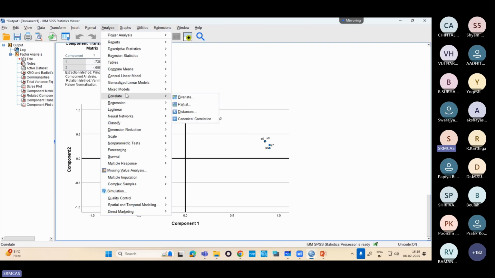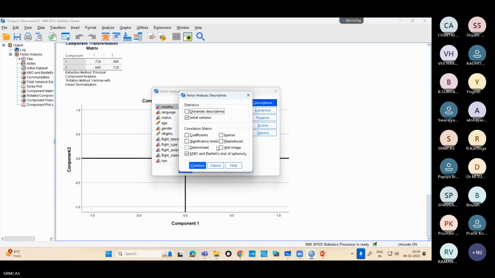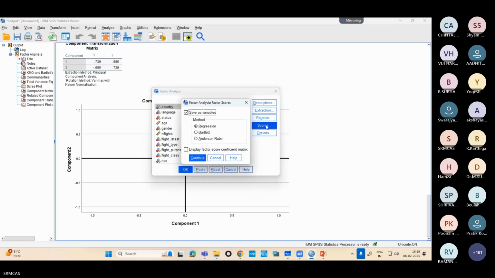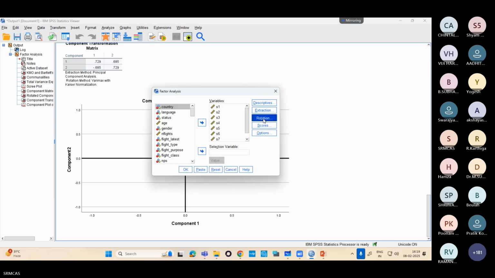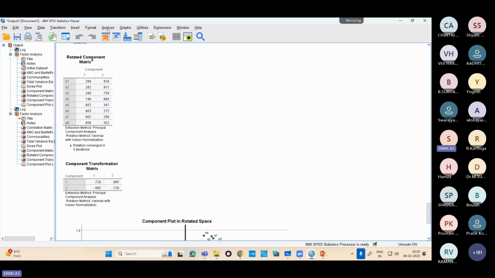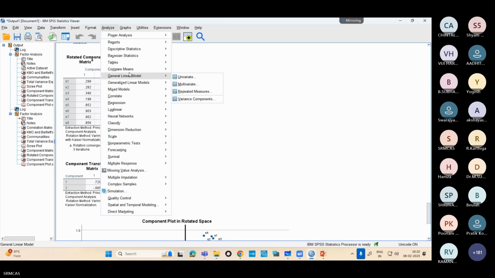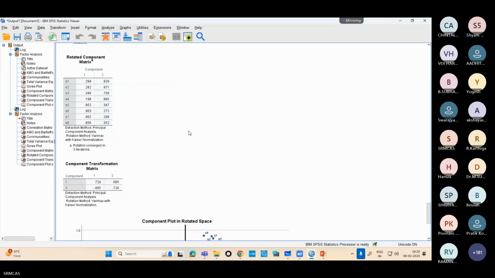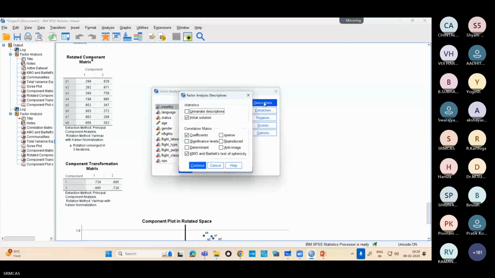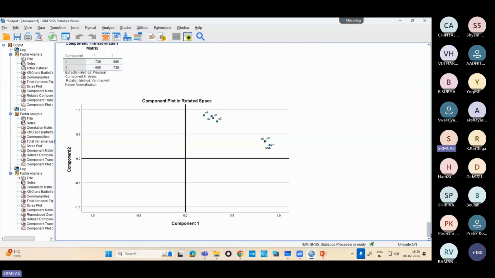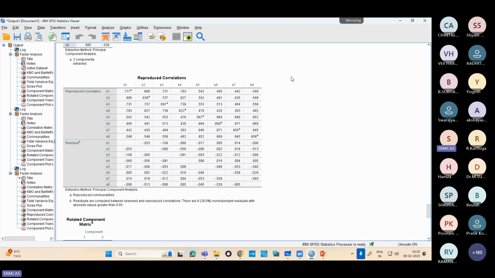So we can check the goodness of fit of the factors using the correlation coefficients and the reproduced correlation.